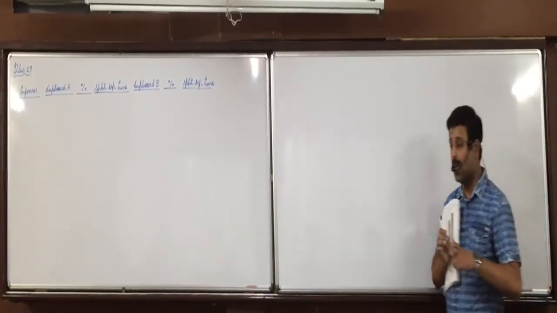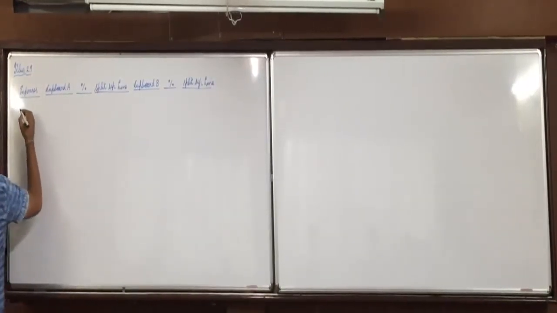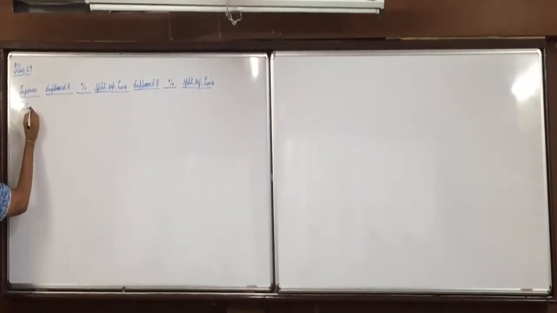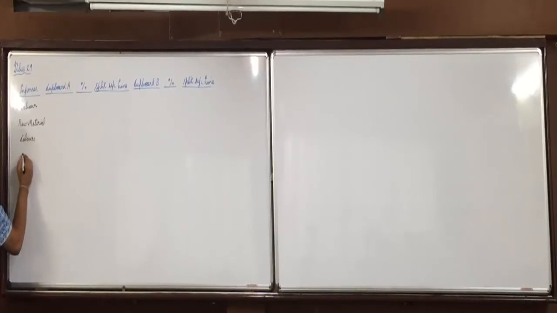So very first of all, the expenses are labor, raw material, colors, others, total cost.